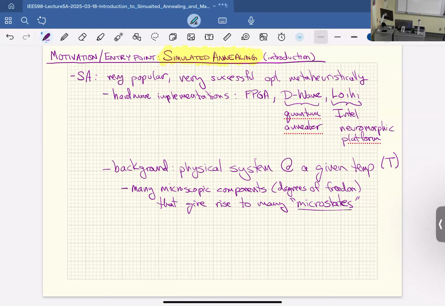The state of the chair is the Cartesian product of all of the little tiny states of each one of those microscopic components. So this chair, as it sits here, looks like one thing, but under the covers it can be in a gazillion different configurations.